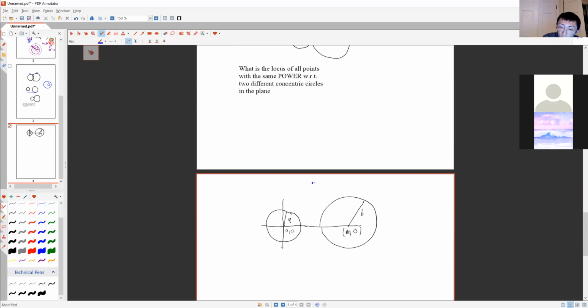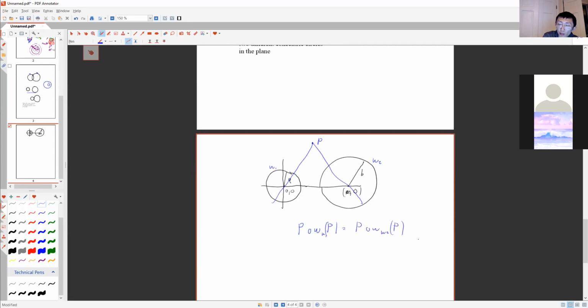We want to find when the power of a point with respect to that circle is the same as the power of the point with respect to that circle. So power of P with respect to omega 1, so let's call this omega 1 and omega 2, is the same as power of P with respect to omega 2. So, using our formula from above, let's call the centers O1 and O2.